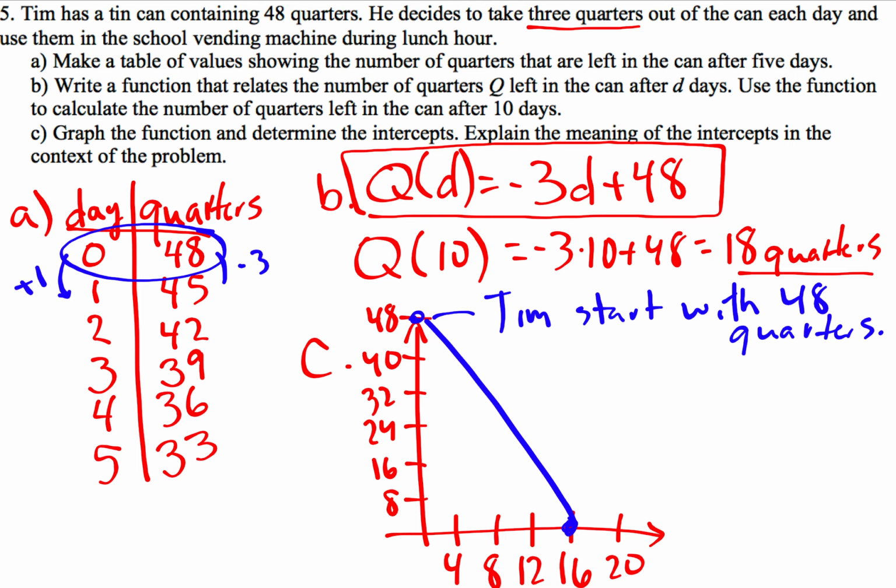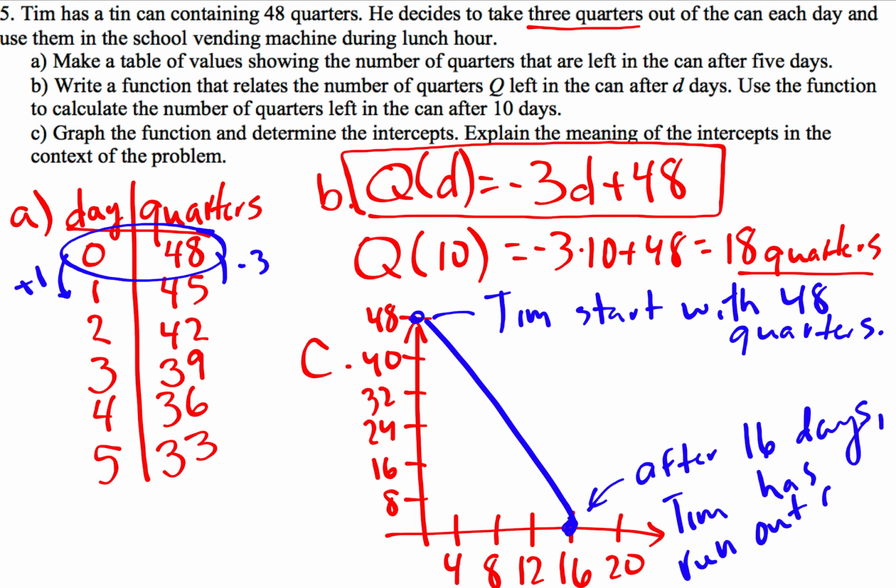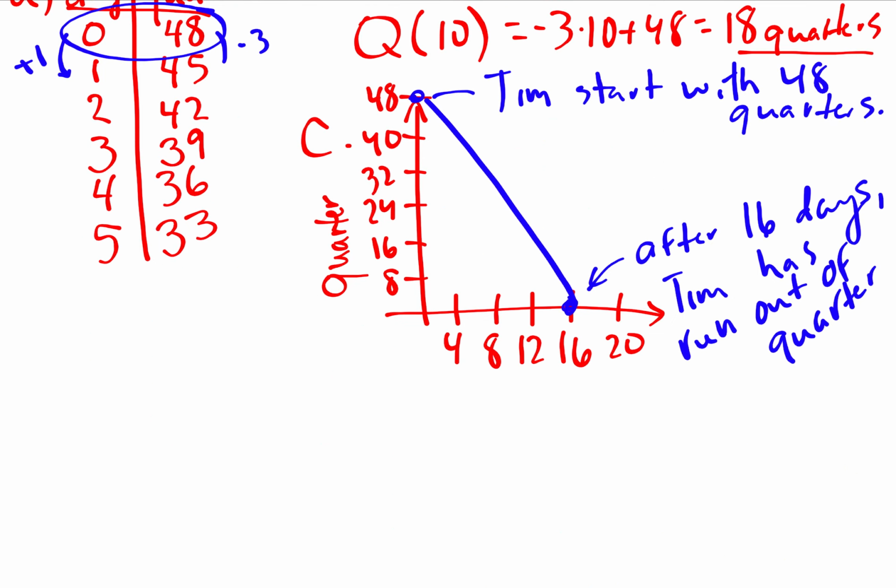And then this 16 down here means that after 16 days, Tim has run out of quarters. I guess I'm missing something on my graph I probably should put there real quick, and that is the labeling. This is quarters, and at the bottom is days.